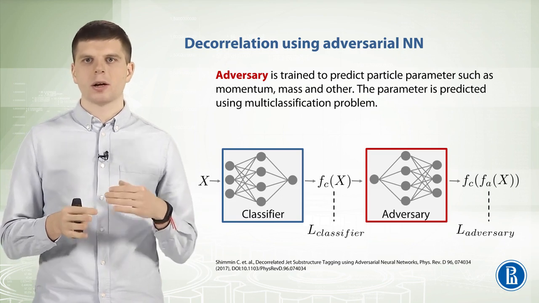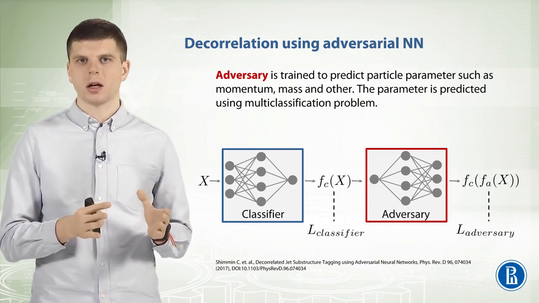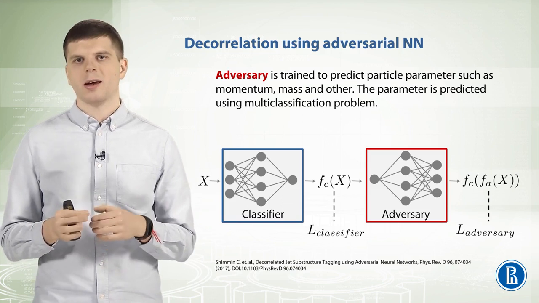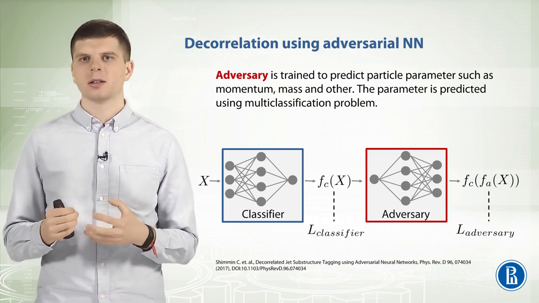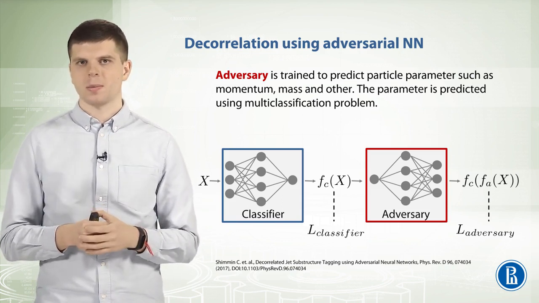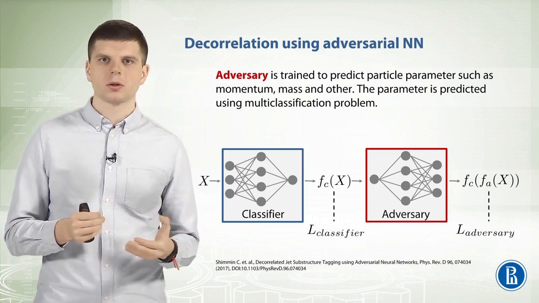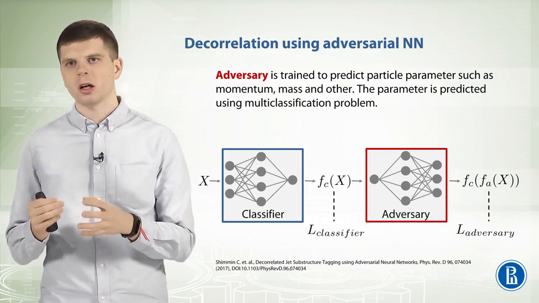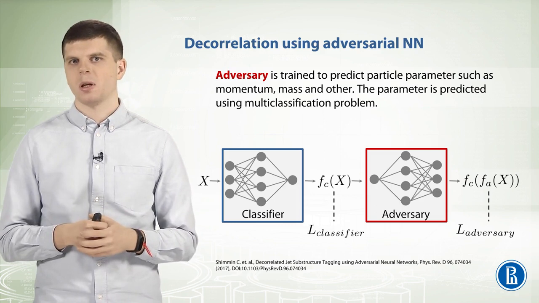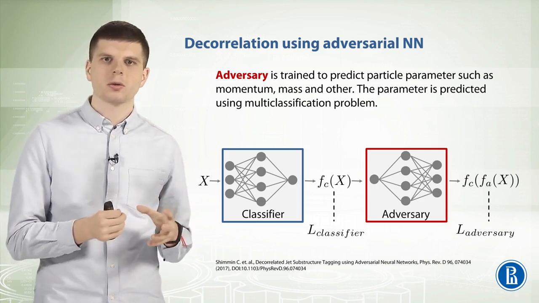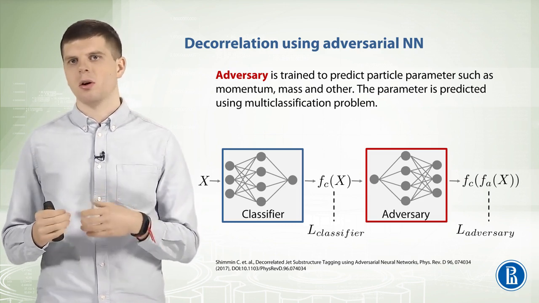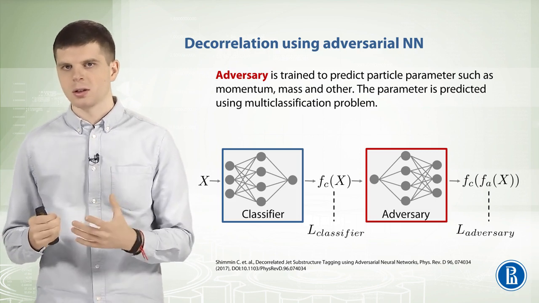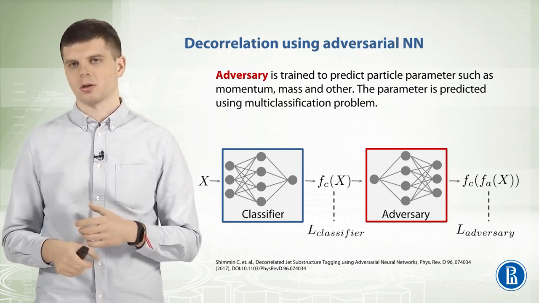For that, all particle momentum values are divided into bins, and each bin represents a separate class. The adversary network predicts a bin for each output of the classifier. The adversary network also uses its own loss function, and in this case it can be a categorical cross-entropy.